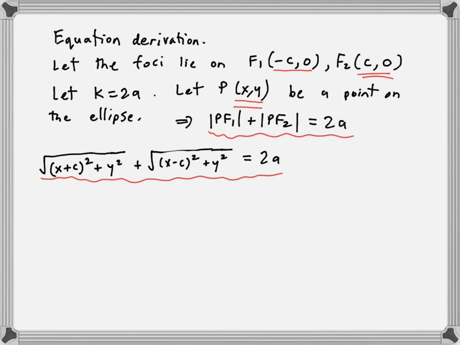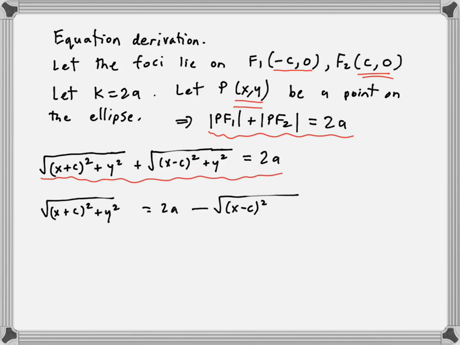So what we're going to do first, whenever you're solving a radical equation, we learn in algebra that the best thing to do is to isolate one of the radicals and square both sides. So this means I'm going to isolate this left radical, the square root of (x plus c) squared plus y squared. And on the right, I know that I have 2a minus this other radical.